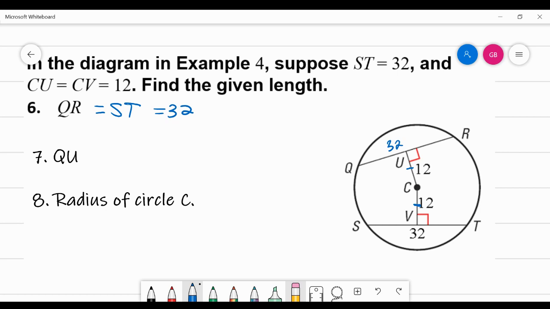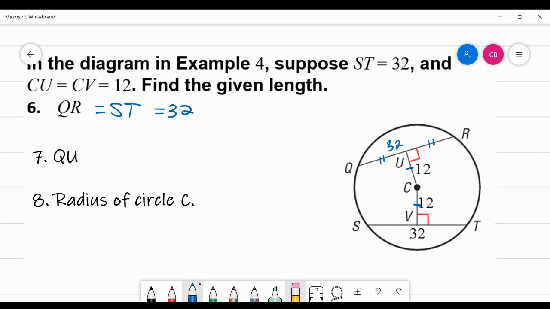And then to find QU, if UC is the distance from the chord to the center, then automatically U bisects QR.